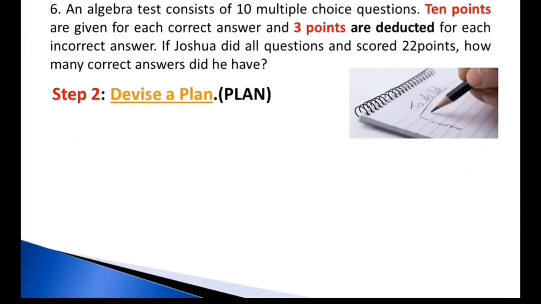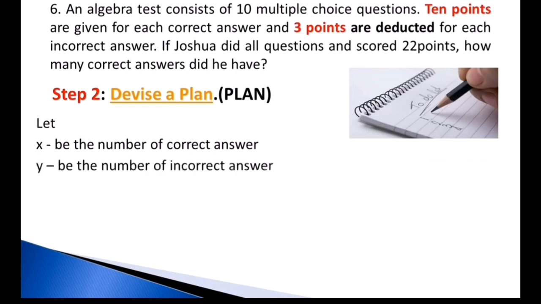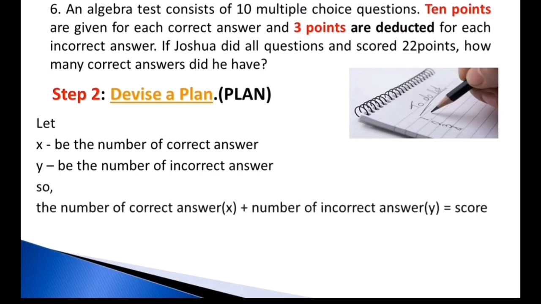Okay, let us devise a plan. Since it is making a list and table as part of the strategy to solve this problem, we're going to let x be the number of correct answers and y be the number of incorrect answers. Okay, so the number of correct answers x plus the number of incorrect answers y equals the number of items.